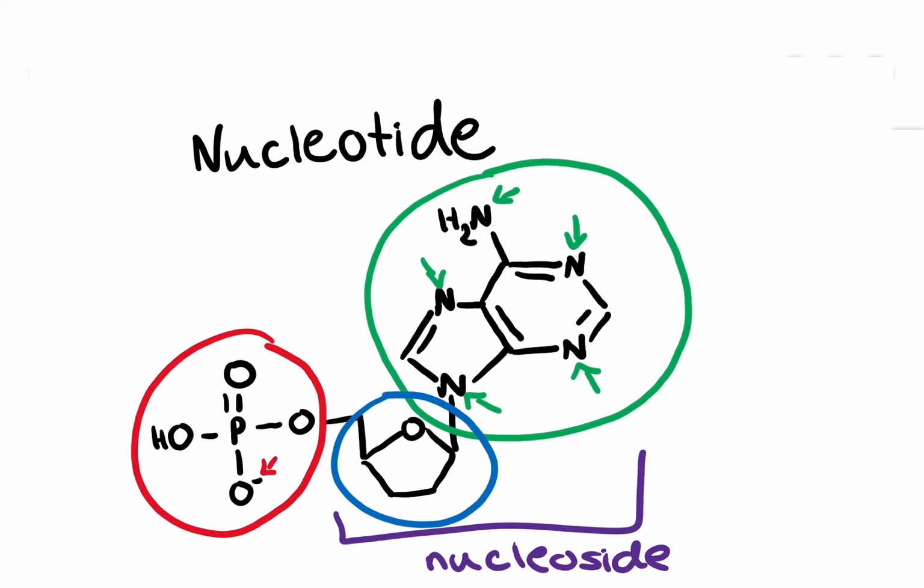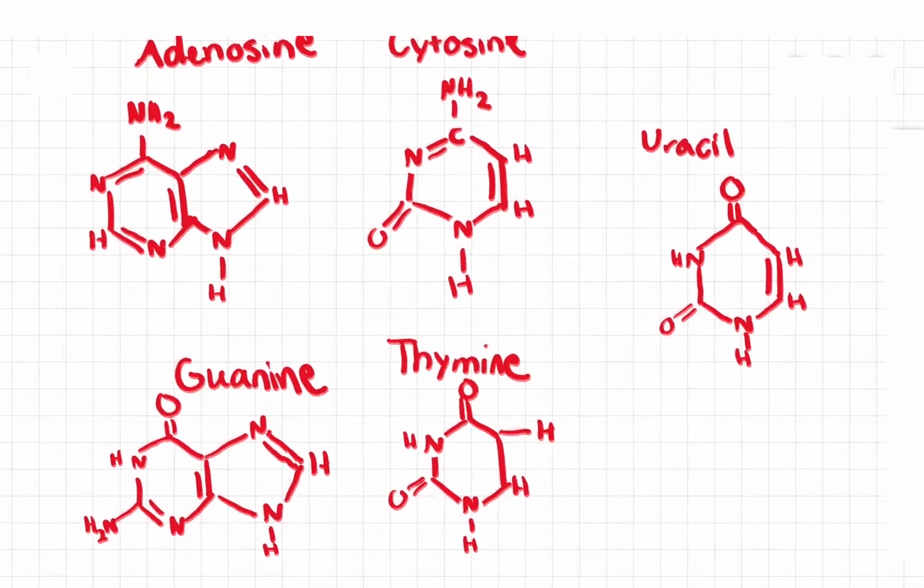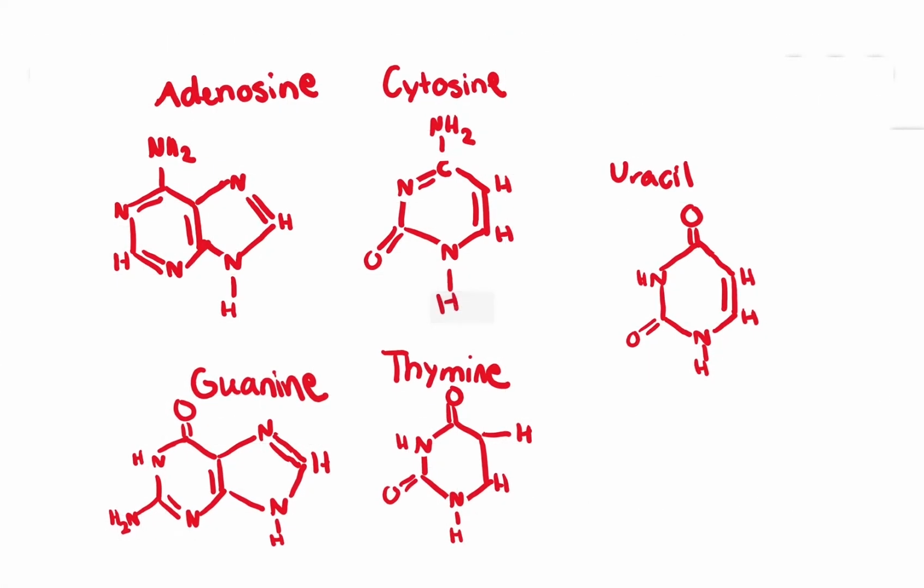Going further, nucleotides have 5 common nitrogenous bases that I've drawn out for you below. You have adenosine, cytosine, guanine, thymine, and uracil. And I'm going to star uracil. And the reason I'm doing this is because there's actually 4 nitrogenous bases found in DNA.